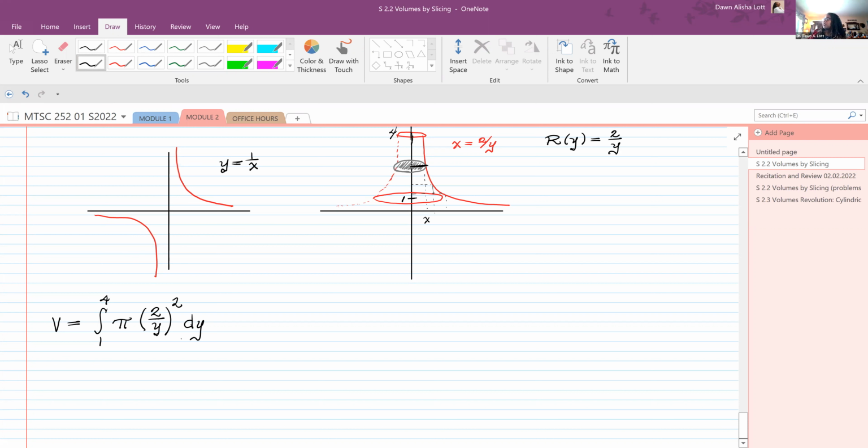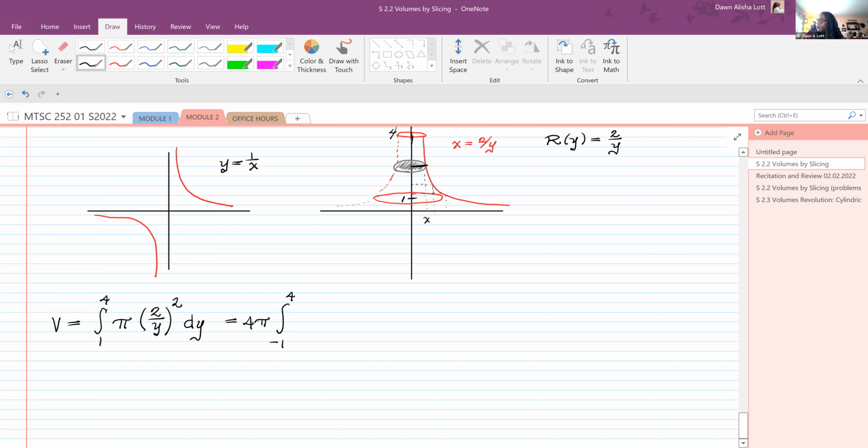Okay, so if your disks are on the y-axis or look like that, then we integrate dy. If your disks wrap around the x-axis or some line parallel to it, we get something else. Okay, so this is pi, the integral from 1 to 4. We can actually take the 2 out, so we can take the 2 out as 4 pi.